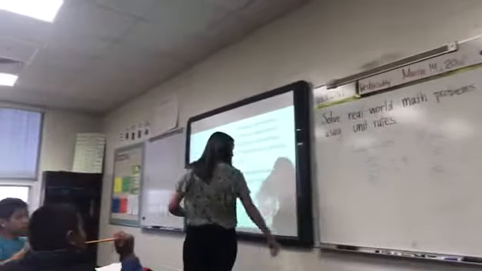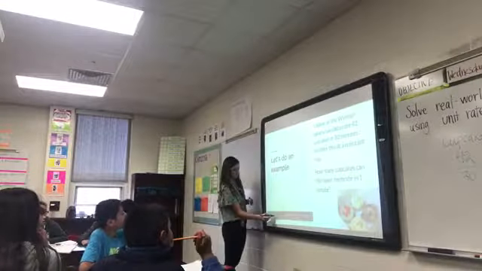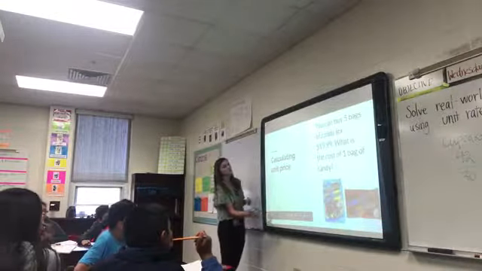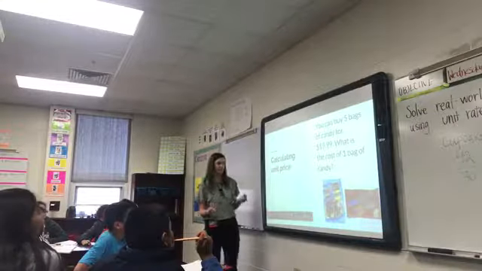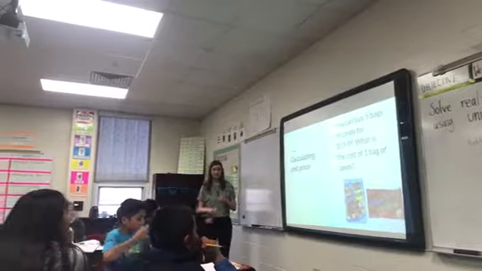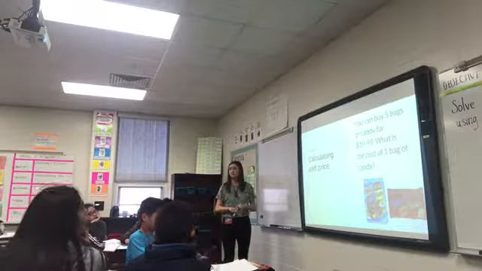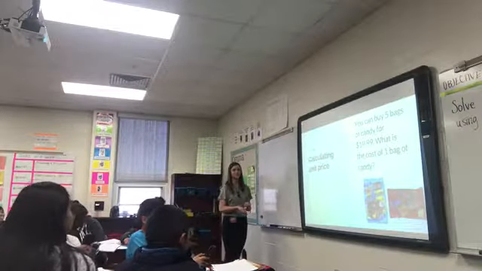Let's go to the next one. Okay, this one's about calculating unit price. So you can buy 5 bags of candy for $19.99. What is the cost of 1 bag of candy? What do we need to do first?